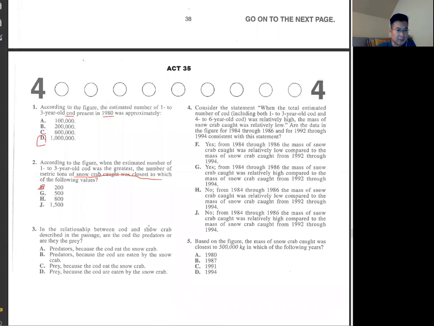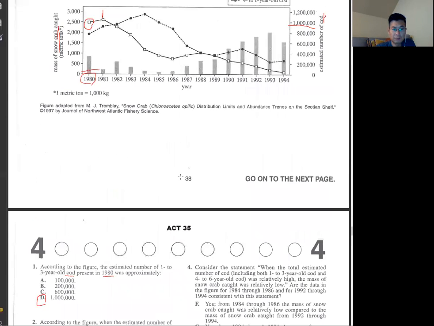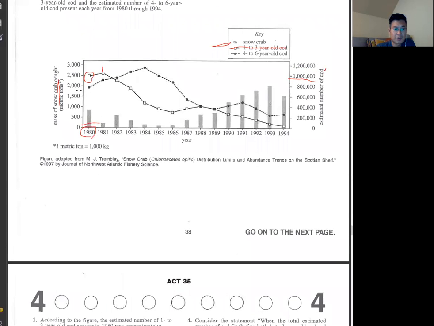Number 3, in the relationship between cod and snow crab described in the passage, are the cod the predators, or are they the prey? In this case, if you look, the number of cod is going up when the snow crab is down, and also the other way around in the later part.